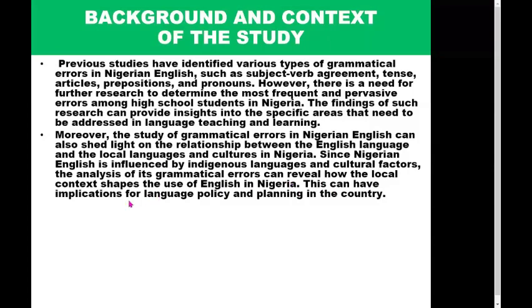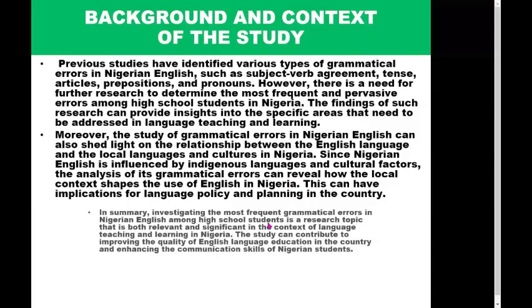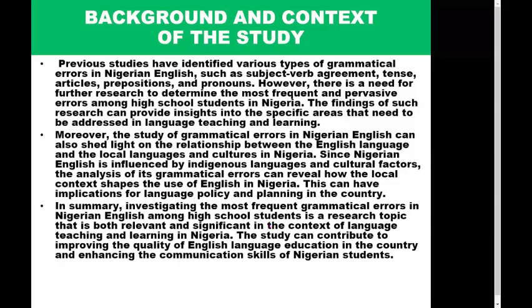This can have implications for language policy and planning in the country. So you are also looking at how this study can contribute to improving the standard of education or the standard of language learning in the country.